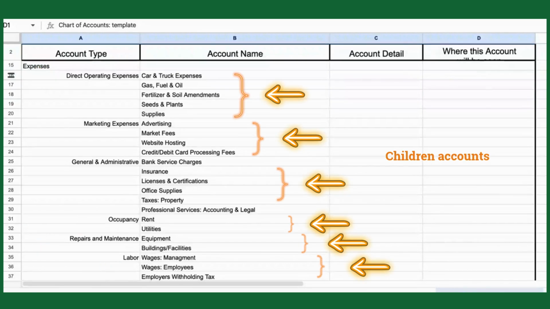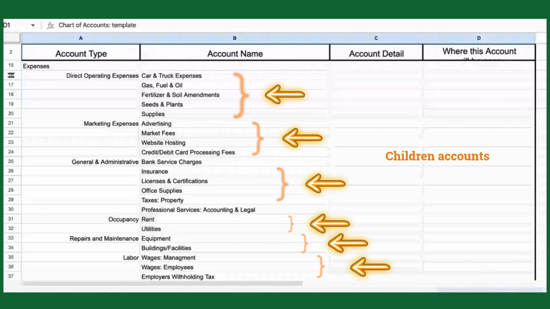Within these parent categories, you create and name the children accounts that fit your business. Again, this template doesn't have everything that your farm will have.